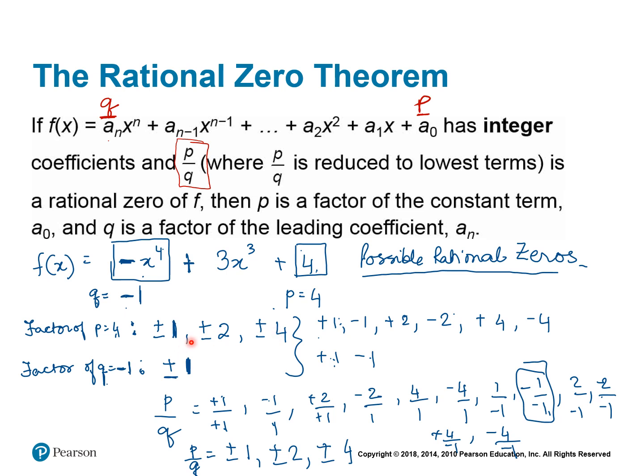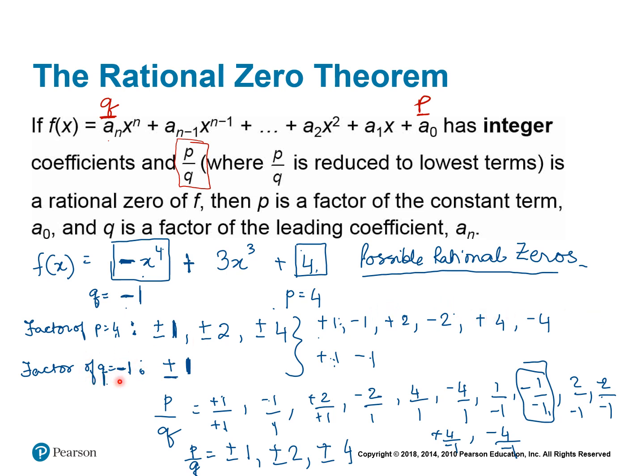You have to use both the signs of the factors. So it's not just 1, 2, and 4, but plus minus 1, plus minus 2, plus minus 4. So here I have written them out separately. Plus 1, minus 1, plus 2, minus 2, and so on.